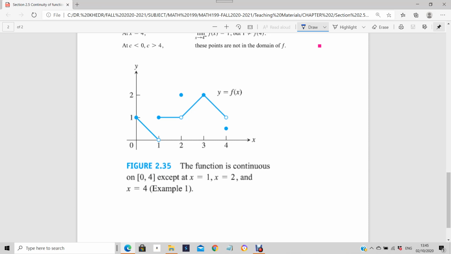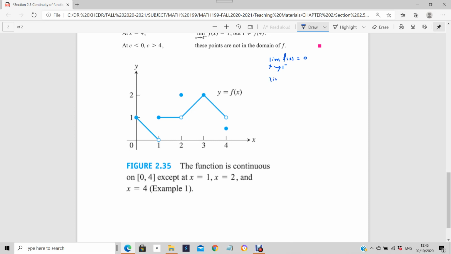Limit f of x as x goes to 1 from the left side equals 0, because when we approach from the left side, we are following this line, for values of x less than 1. So as x approaches 1 from the left side, the value of y goes to 0.